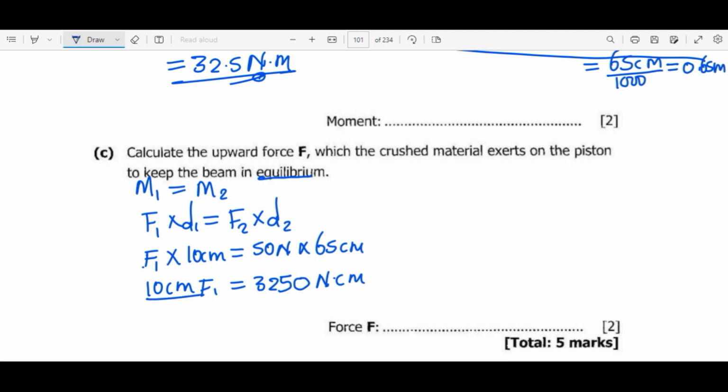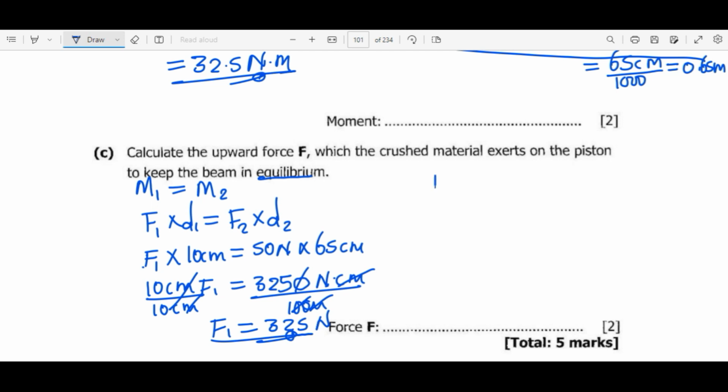Then we divide by 10 centimeters, we divide by 10 centimeters, so that if I can cancel, I have F1 is equal to, the centimeter will cancel this and will cancel, so I'm getting 325 newtons as our force 2. So whenever the force is 325 for the upward force, then our lever will be in equilibrium.